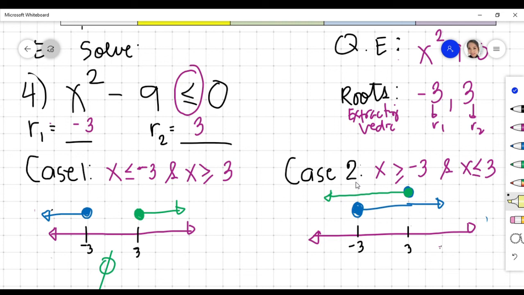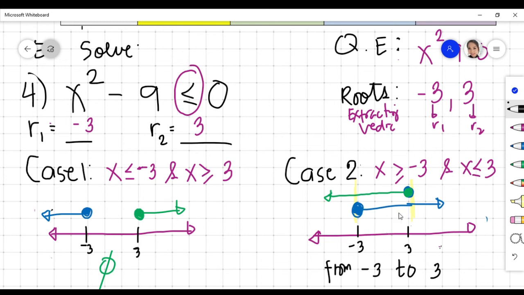So on this part, right? The two rays intersect on this part. Now, since both are shaded, our intersection starts from negative 3 to positive 3, right?